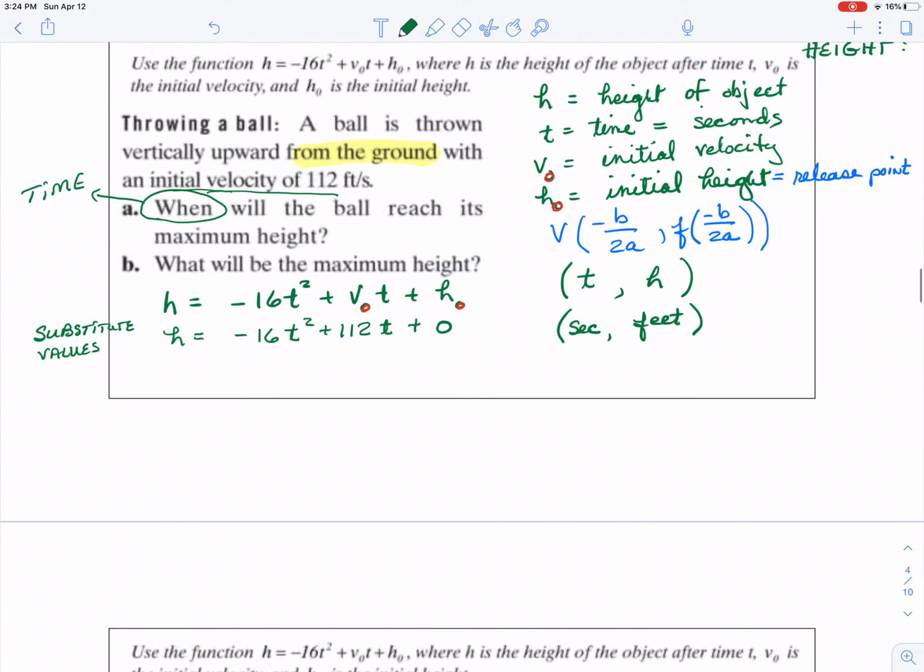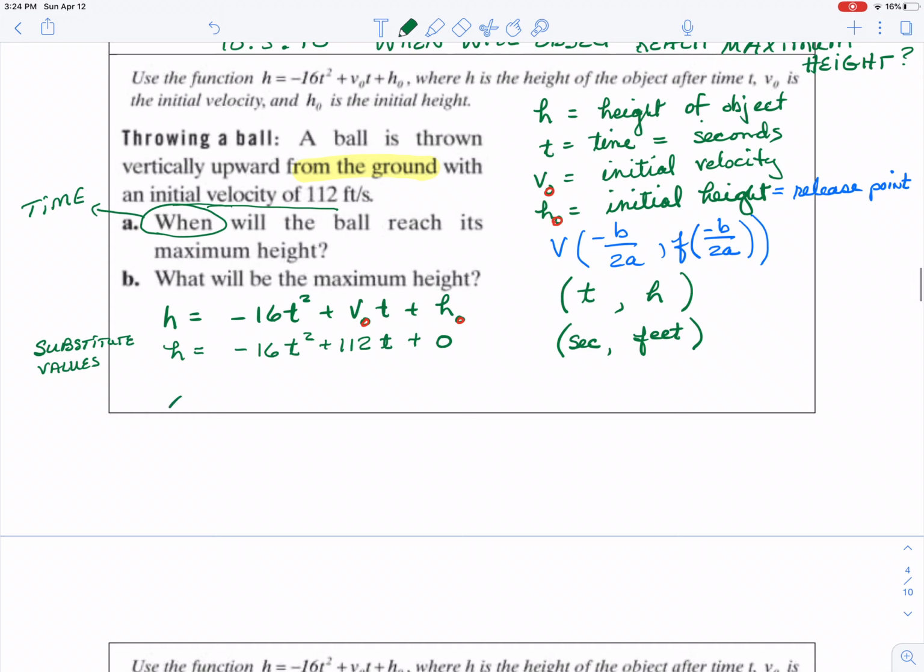All right, so let me do the work. X in this case is t. Negative b over twice a, which is negative 112 over twice negative 16. And let me pick up my calculator and divide that out.